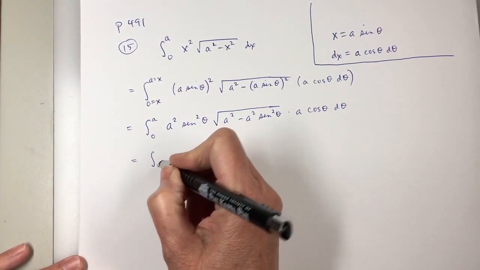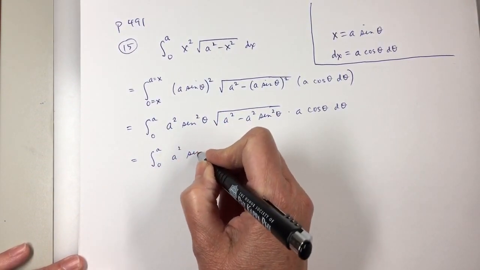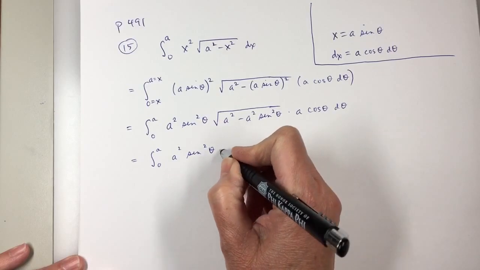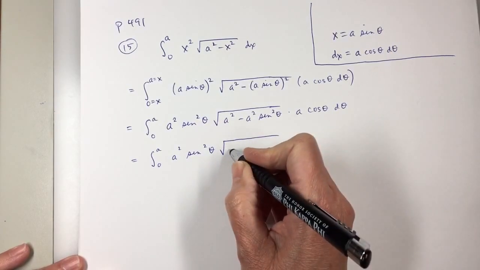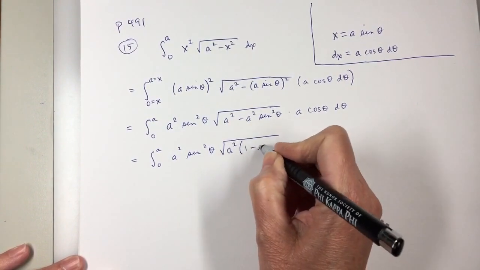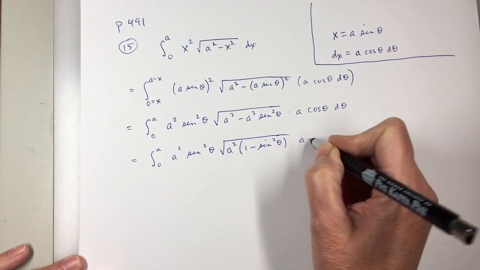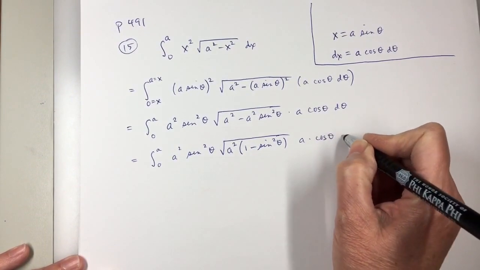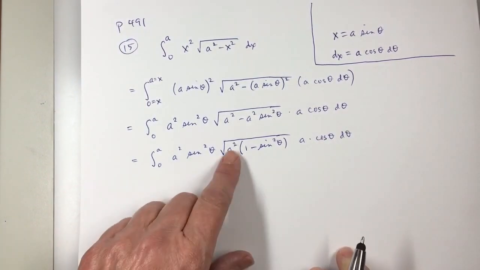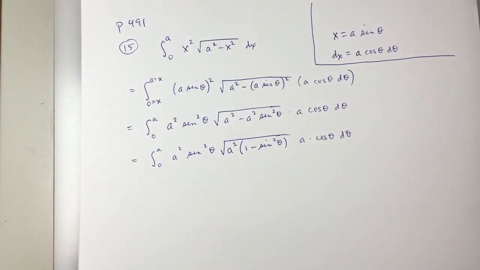So the integral from 0 to a, a squared sine squared theta. Under the square root, we're going to take out that a squared, and I'll have 1 minus sine squared theta. Because this square root is multiplication, I have a squared times 1 minus sine squared theta.